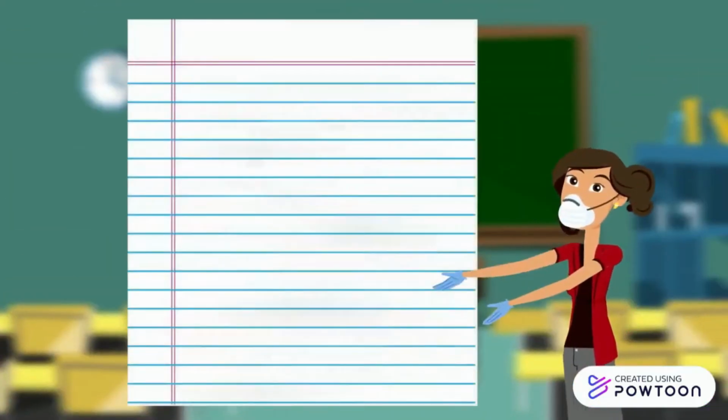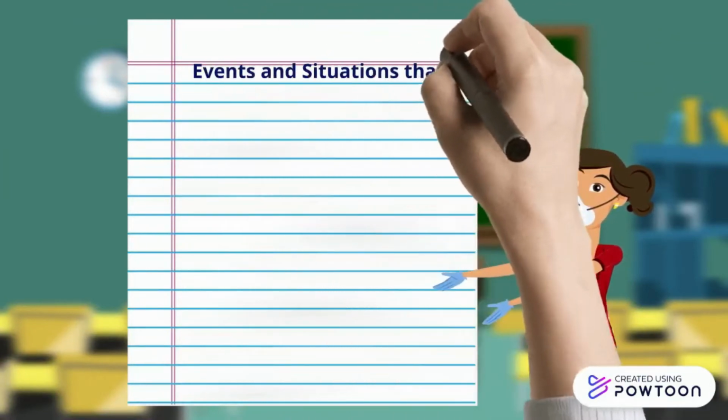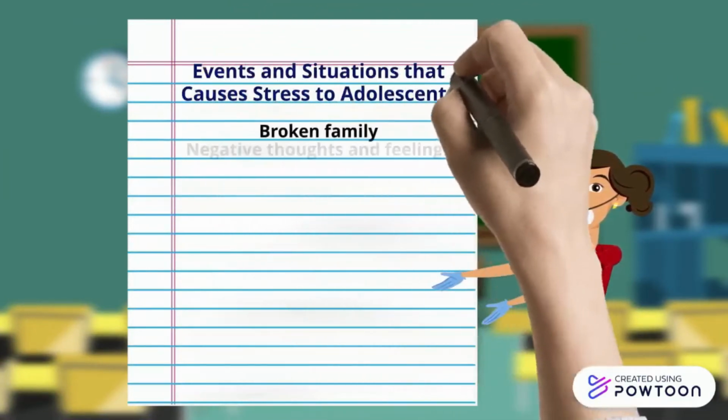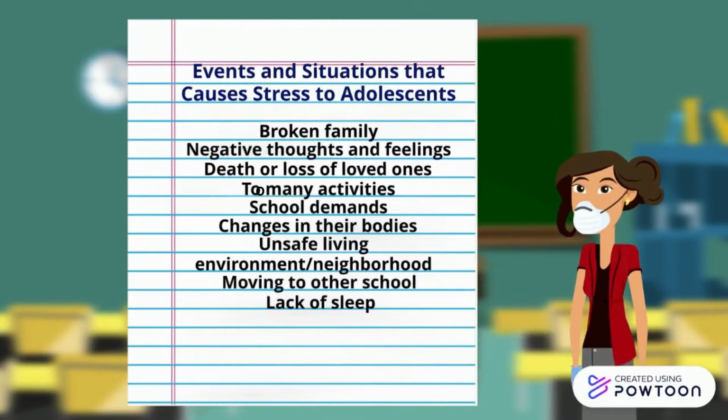Here are some events or situations that may also cause stress to adolescents: broken family, negative thoughts and feelings, death or loss of loved ones, too many activities, school demands, changes in their bodies, unsafe living environment or neighborhood, moving to another school, lack of sleep.